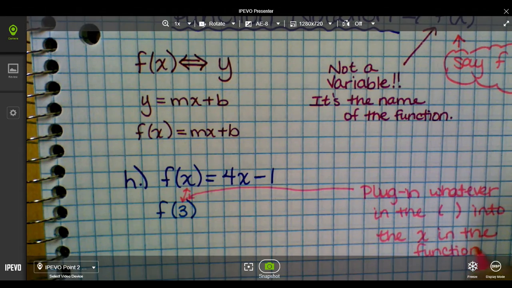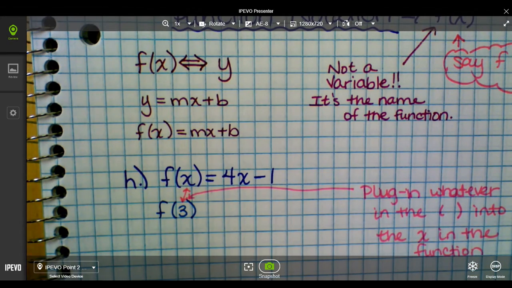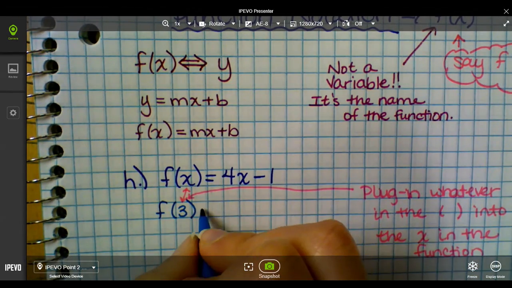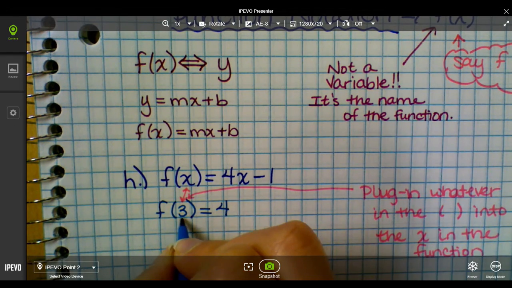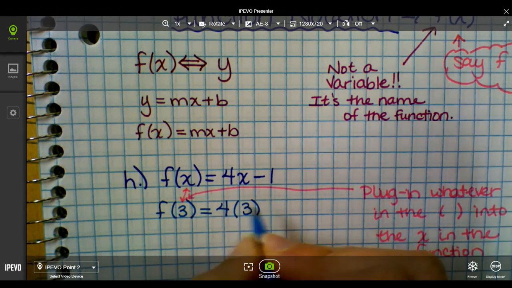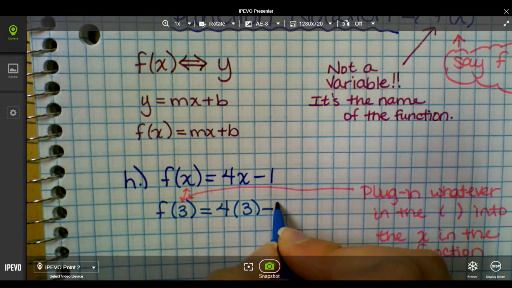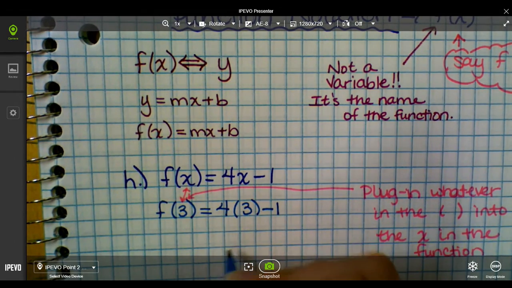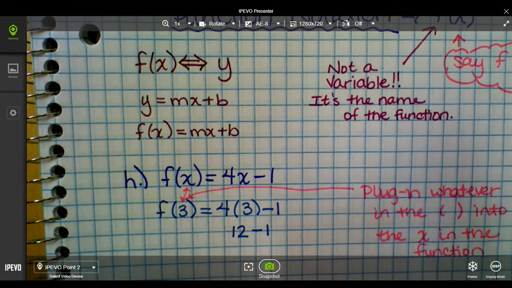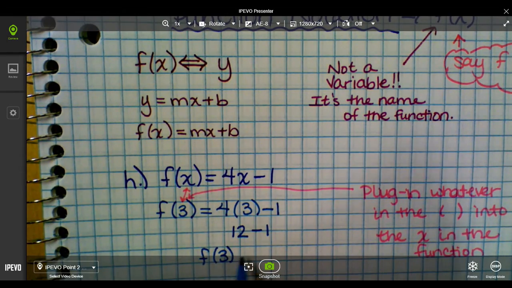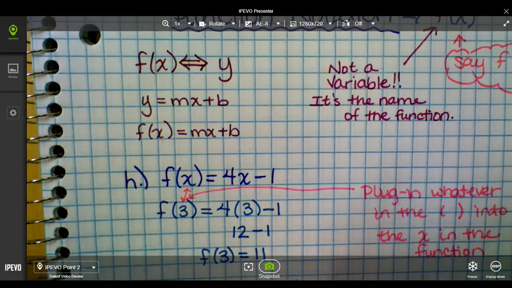That's it. So this is telling me that my x is 3, and I'm just going to plug it in for this x, and then I'm just going to solve. So 12 minus 1, f of 3 equals 11.